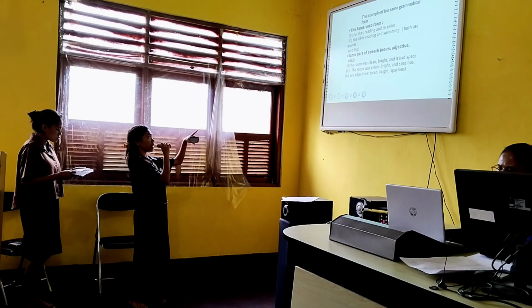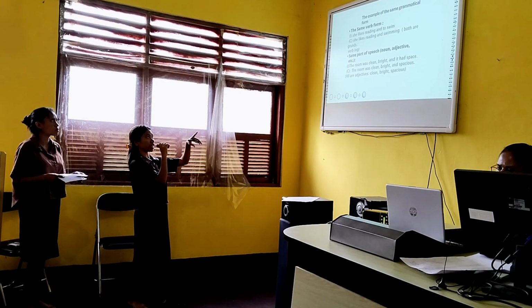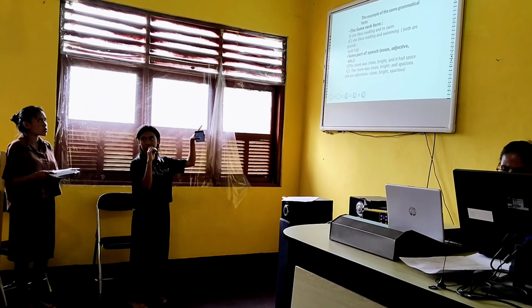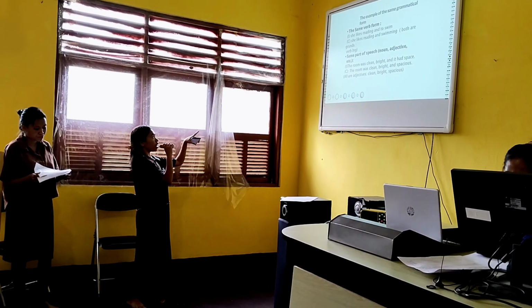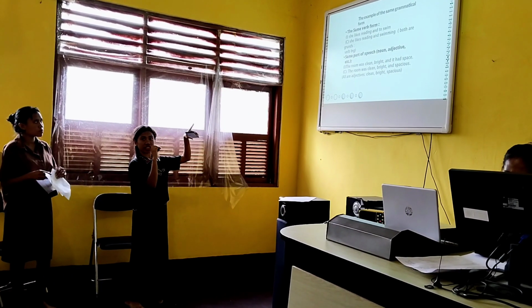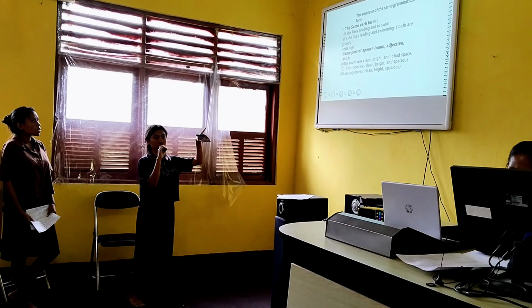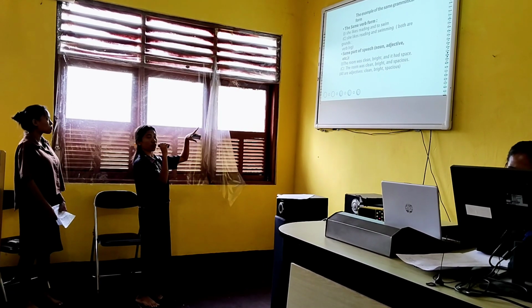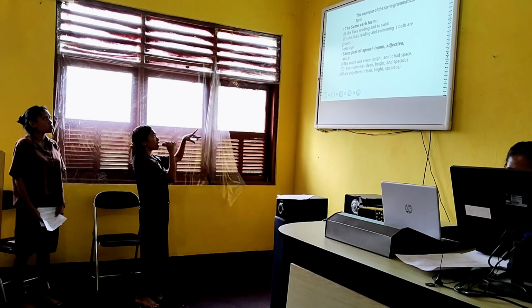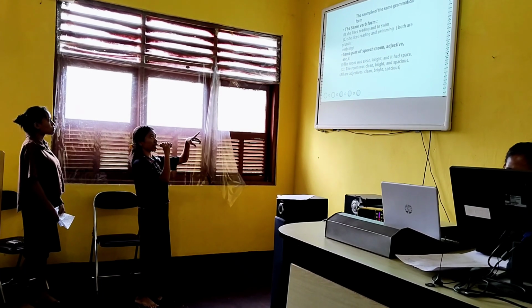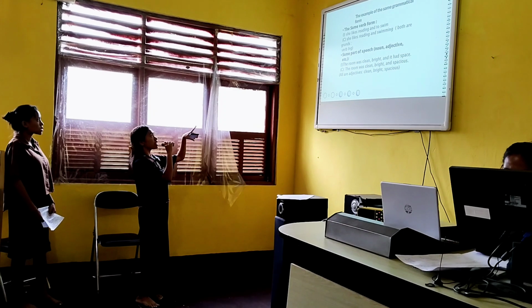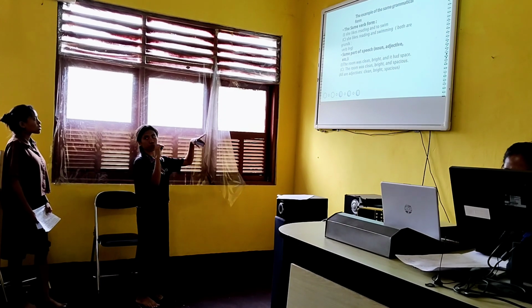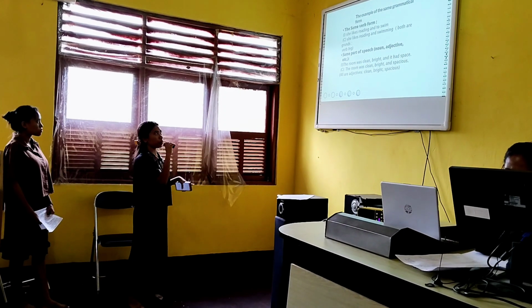The correct one should be 'She likes reading and swimming,' using the gerund form here. So the first sentence is incorrect because 'reading and to swim' is not parallel, not in the same structure. If we want to make it correct, we should say 'She likes reading and swimming,' or 'She likes to read and to swim.' So it's going to be parallel.